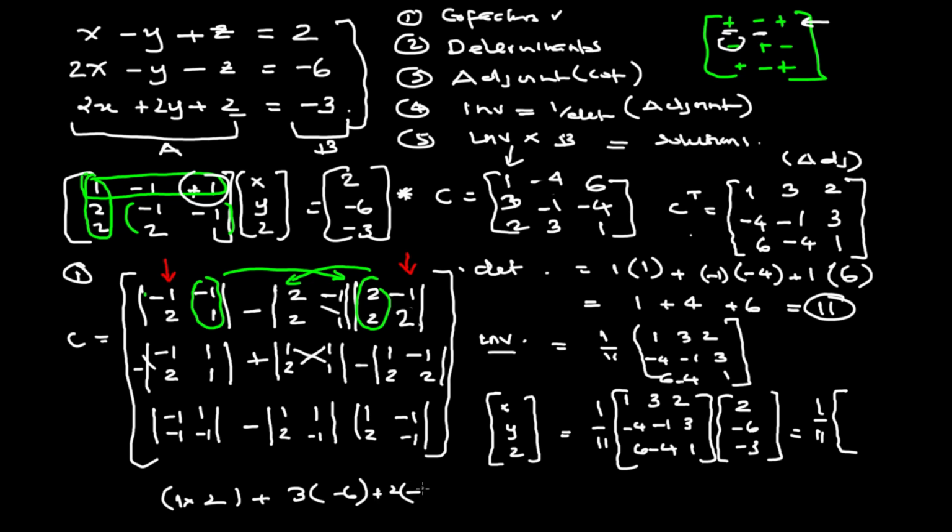Remember, you don't leave out any signs. So this is 2 plus, this is minus 18, and then this is minus 6. So remember, this now will give us minus 24 minus 2, that's 22. So we have 22 here, right? Then we do the same for this one, we do the same for that one.